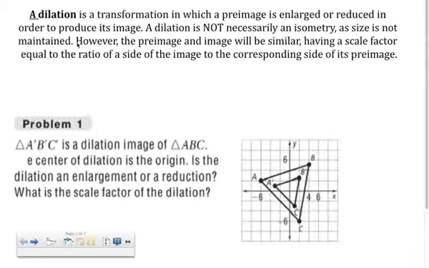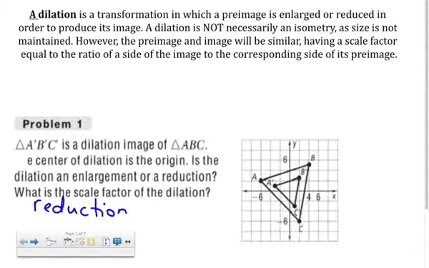So what is this? An enlargement or a reduction? It's a reduction. That's just a visual assessment. And since I said before that the scale factor is the length of a new segment over the length of an old segment, you might be thinking, oh no, do I have to find the length of segment A prime, B prime using distance formula and the length of AB and then set up a ratio?